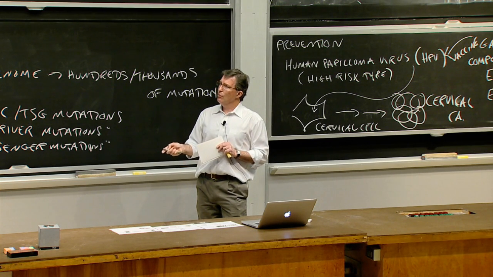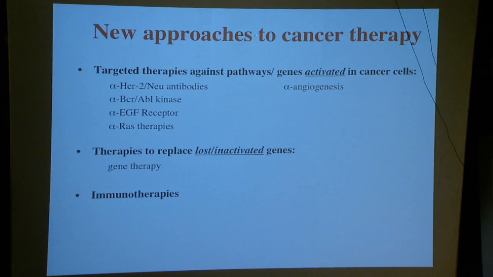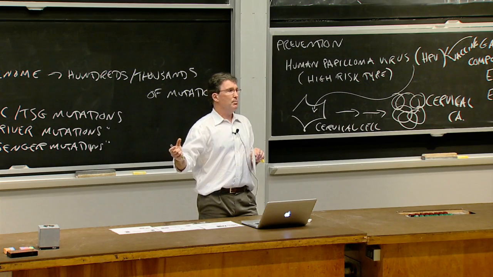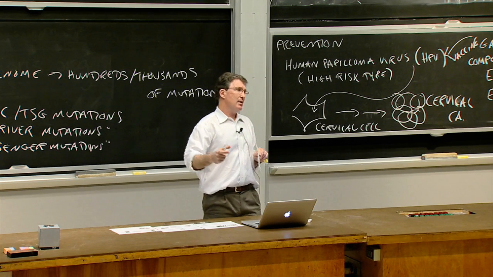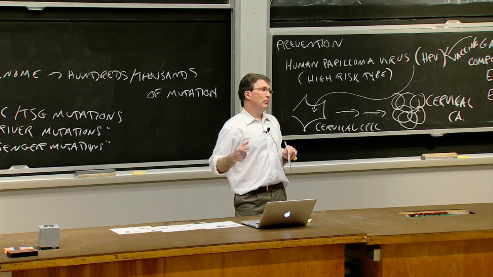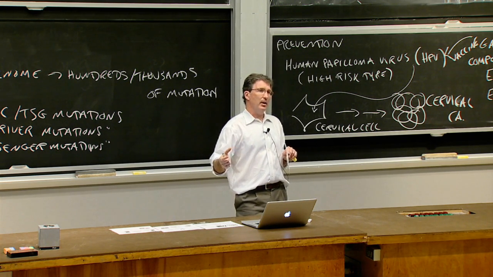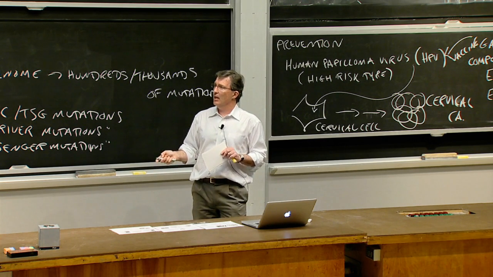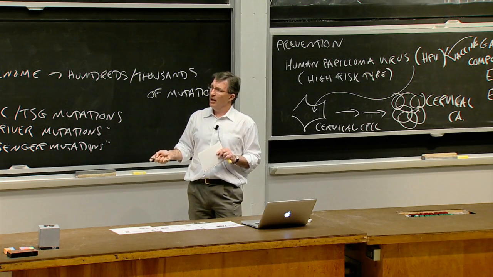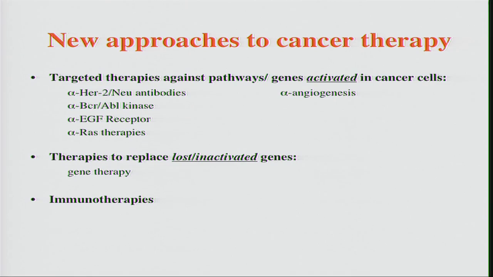In the case of tumor suppressor genes, individuals are trying to develop gene therapy to put the genes back. If the gene is lost in a cancer cell, perhaps you can restore its function by gene therapy and normalize the growth of the cancer cells. And although I won't talk about it, there's a lot of promise for immunotherapy for cancer. Cancer cells acquire a lot of mutations. As such, they produce a lot of antigens.